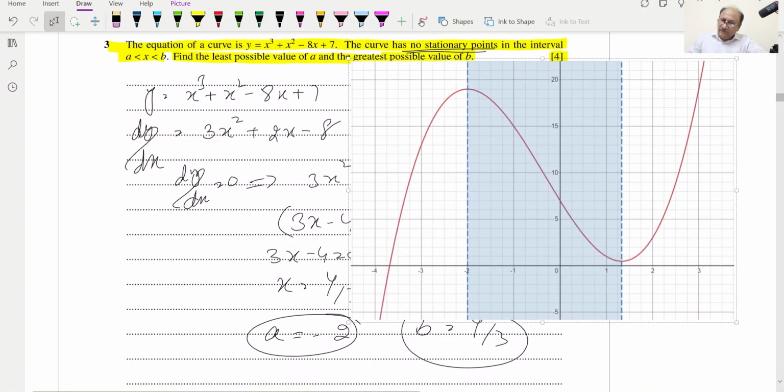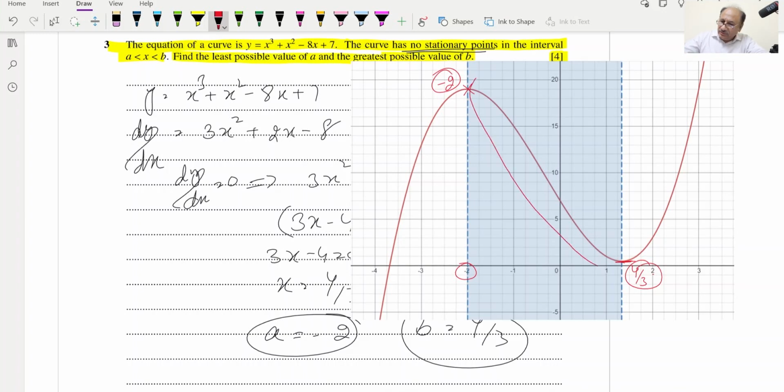You can see now this is basically the point which is a stationary point, but this point is 4 by 3, the x value is 4 by 3, and this point is minus 2, you can check from here, minus 2. So in between this region, starting from here till this one, there is no point where you can get a stationary point.